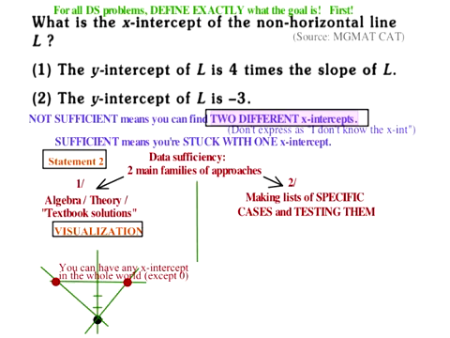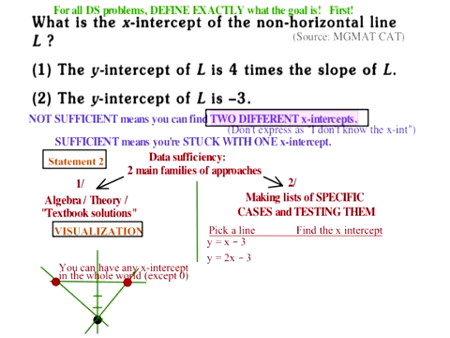You could also make a list of cases here too. It wouldn't take you very long. Pick a line, and then find the x-intercept. Anything whose y-intercept is -3, so you can do y equals 1x minus 3, and then y equals 2x minus 3.